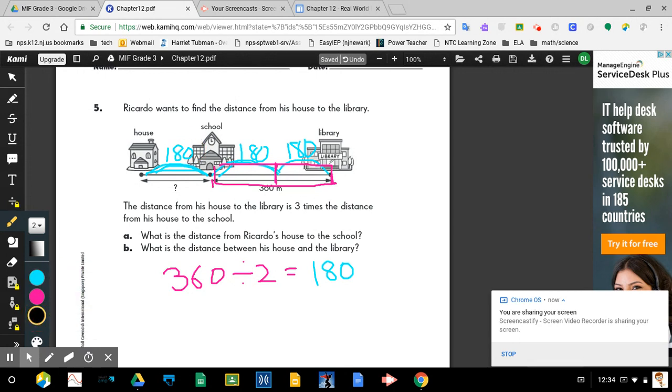So what is the distance from Ricardo's house to the school? Well, the house to the school is 180 meters.